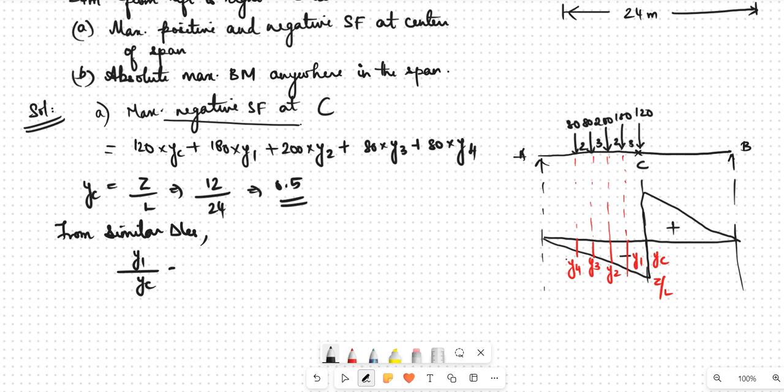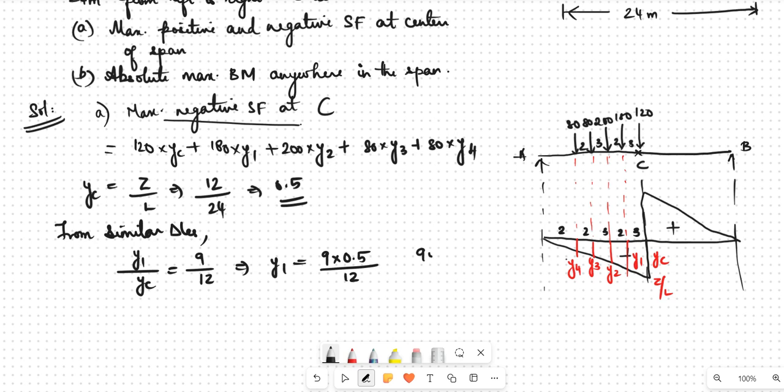So y1 by yc should be equal to, so these distances also you can mark. This is 3, 2, 3, 2. So y1 means just this distance, y1 by yc means this distance by total. So 2, 4, 5, 6, 7, 8, 9, so 9 divided by 12. Which means y1 is equal to 9 into 0.5 by 12.